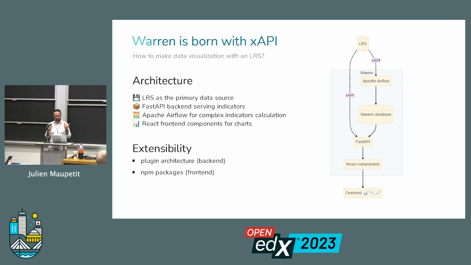There is no vendor lock-in in the tool we are developing. The backend of Warren is a FastAPI Python application, and we use Apache Airflow to calculate indicators that need more resources, that are more time consuming, and cannot be aggregated in milliseconds. So Warren should have its own persistency in the database.